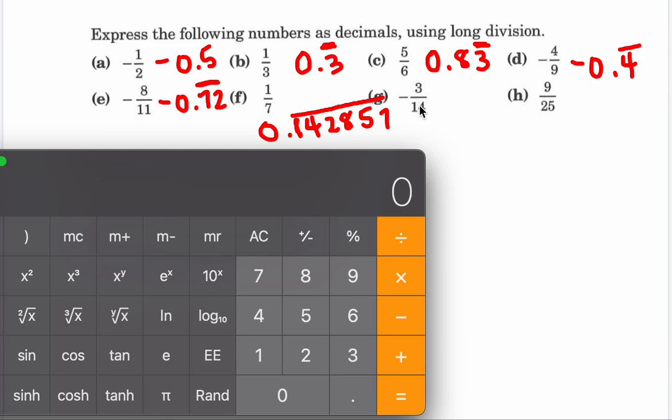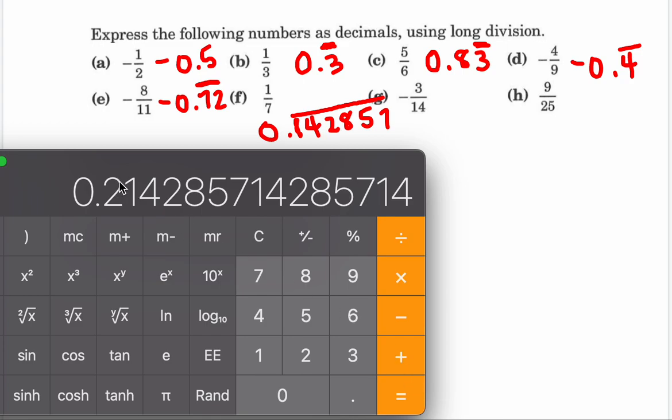All right, next number, negative 3/14. 3 divided by 14. What do we get? 0.214285714285. Okay, so I don't see the 2 repeating anymore. Let's see, 142857, 142857, and then we go 142857.